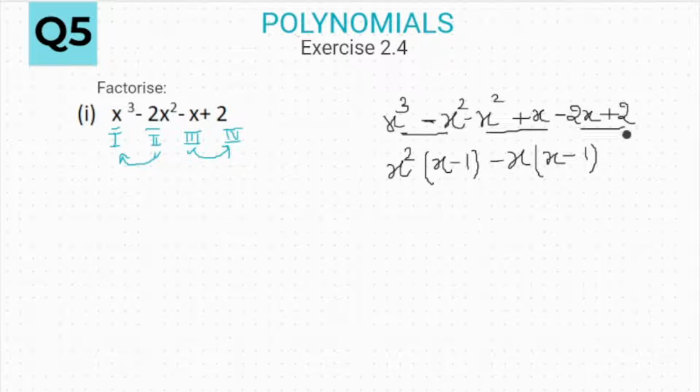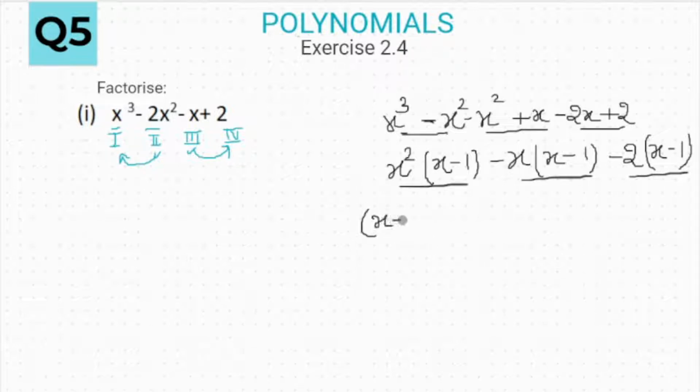Now the last two terms, what is common in them? Only minus 2. We can take it out, and inside we have x and also minus 1. Right. Now we have three terms. From these three terms we have one factor common, that is x minus 1. Now we are left with x square minus x minus 2.